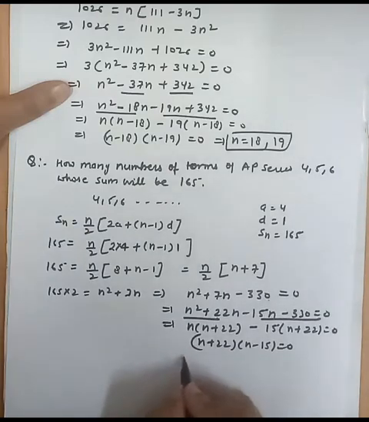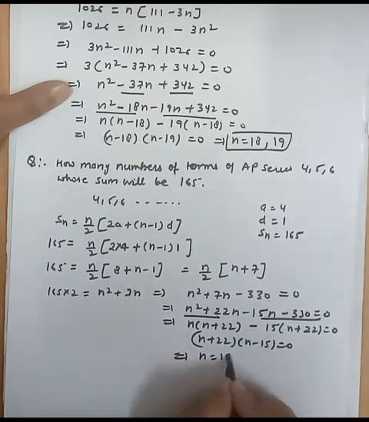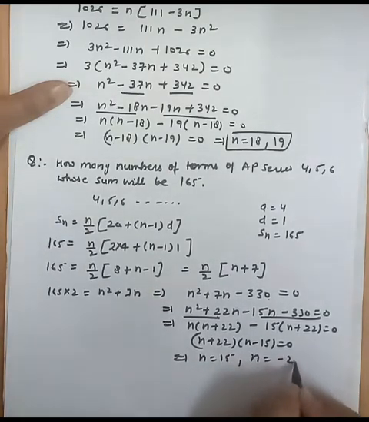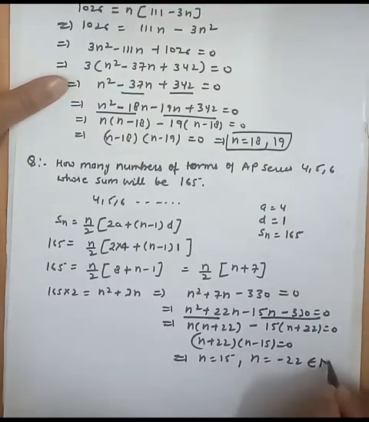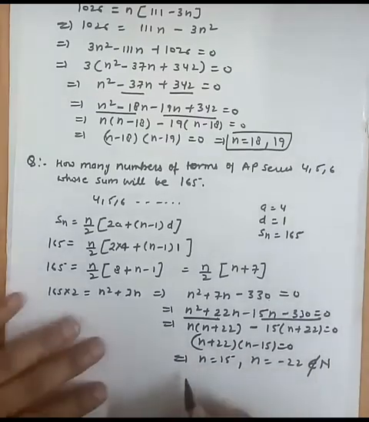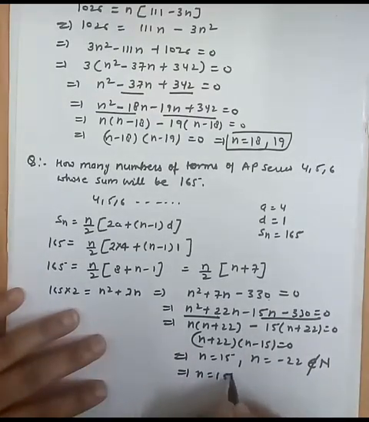So here the two values are n equal to 15 and n equal to minus 22. But this minus 22 does not belong to the natural numbers. So we have the answer n equal to 15.